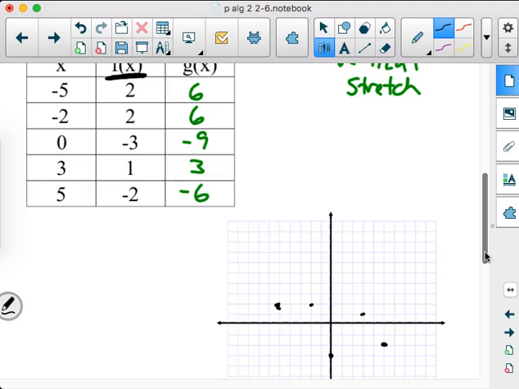And like I said, normally we'd say, oh, let's just connect all this stuff up in a line or a curve, but not this one. So what we have to do is make straight lines from each point to the next point that's to its right, because graphs are read from left to right. And we will call this one f of x.